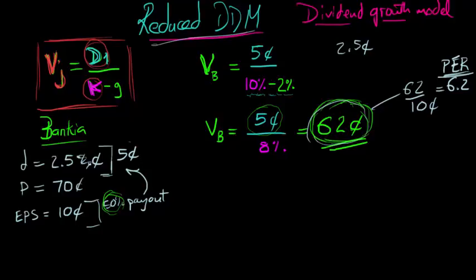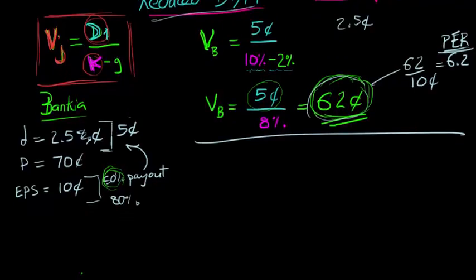So given zero growth, I think we can increase the payout to 80%. So let's see what difference that makes with an 80% payout. So this time, instead of 5 cents, I'm going to input 80% of 10 cents, which is going to be 8 cents.